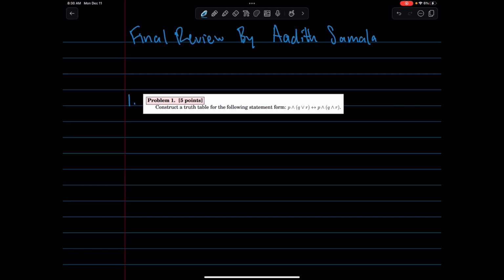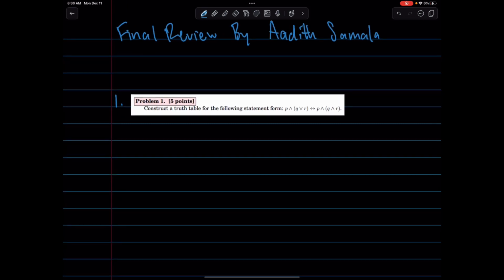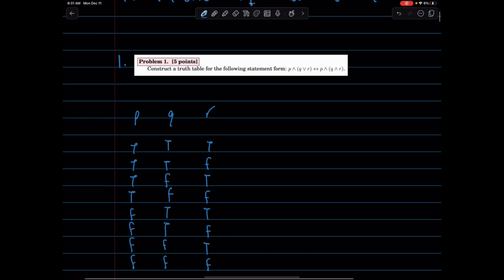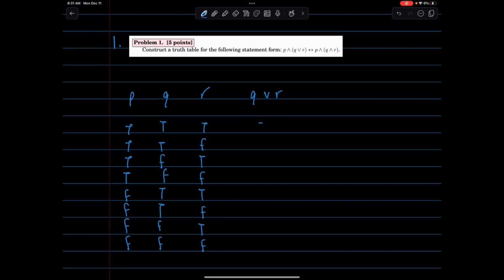So, we start with some truth tables. It says P and Q or R, with the biconditional with P and Q and R. So now we'll do Q or R. So this would be true.